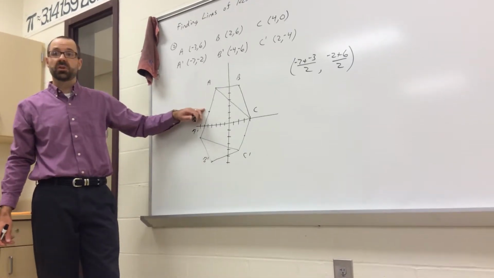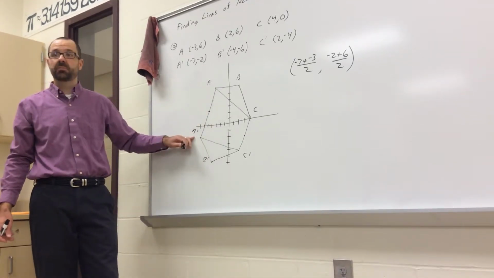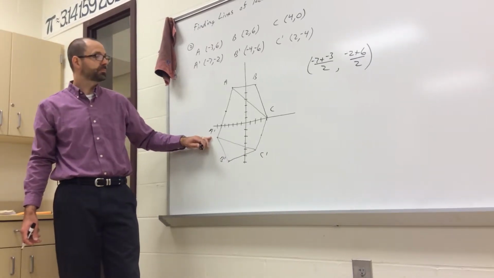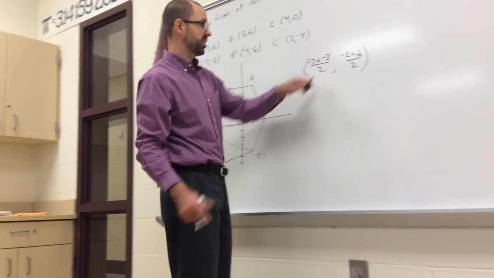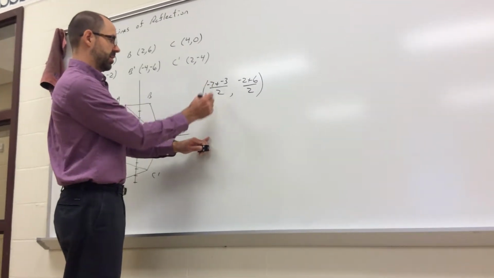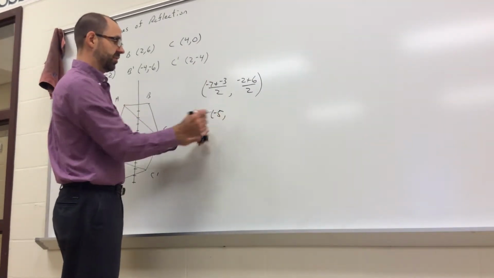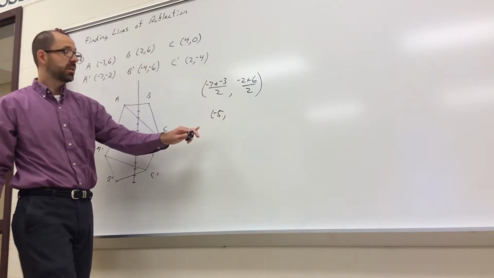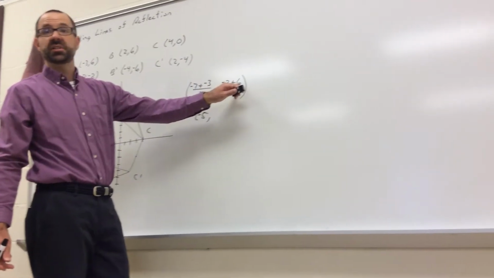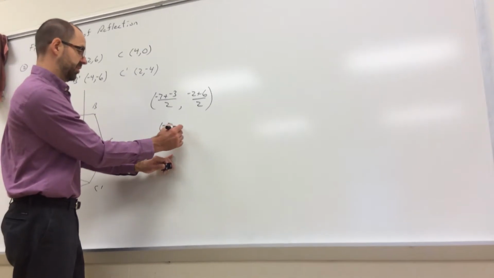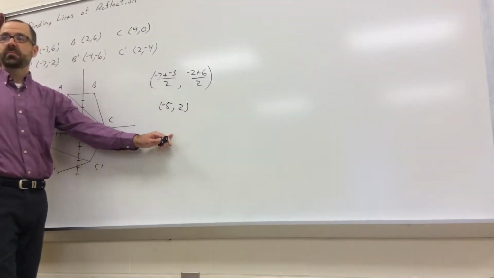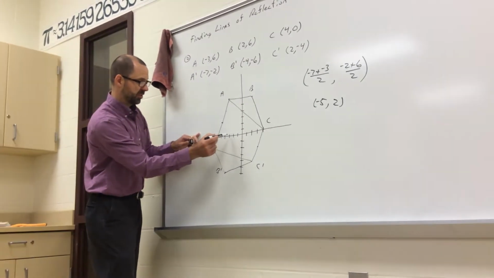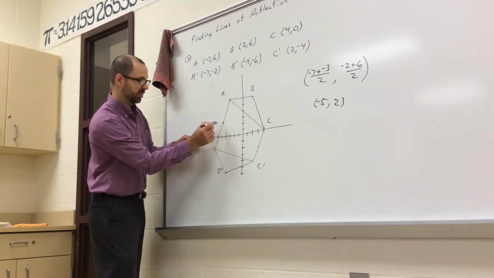So I'm finding the middle between A and A prime. Okay, so -7 plus -3 is -10, and then -10 divided by 2 is -5. So I just added and then divided by 2. Same thing here. -2 plus 6 is 4, and 4 divided by 2 is 2. So that means this point in the middle is -5, 2.